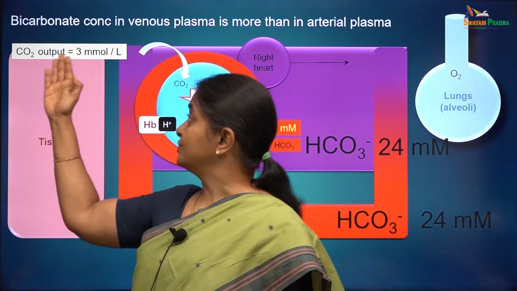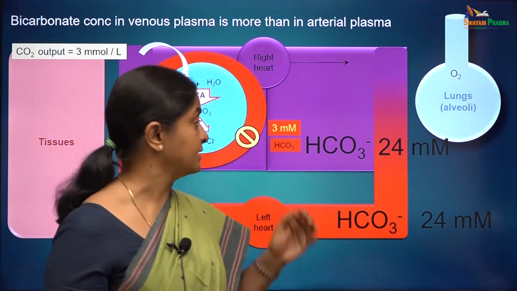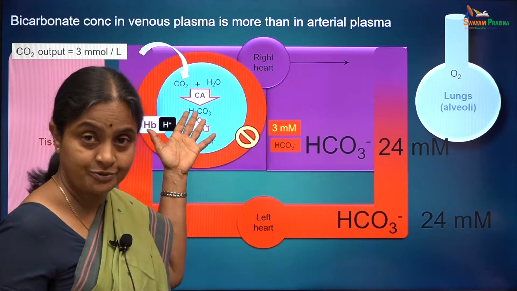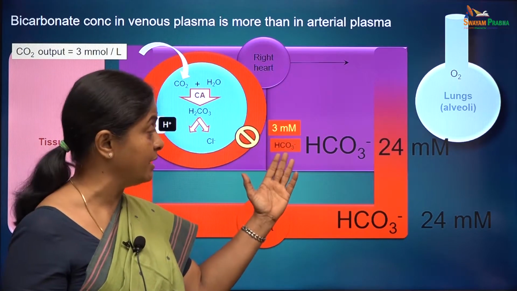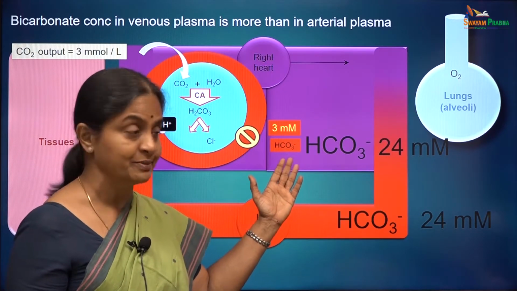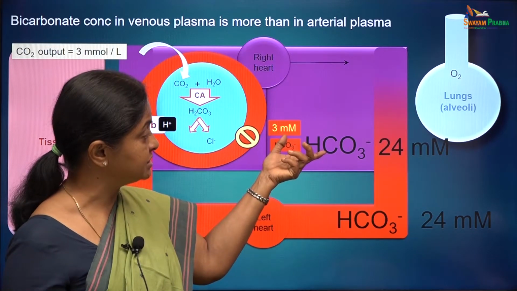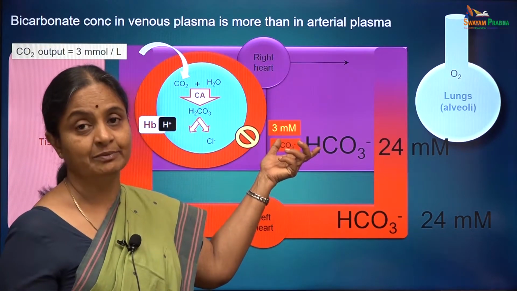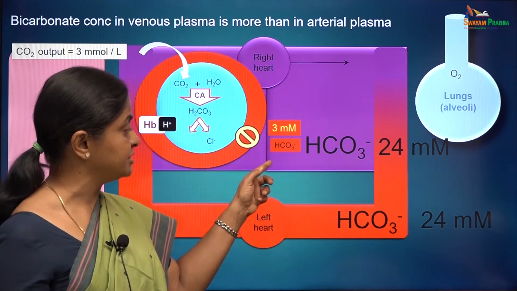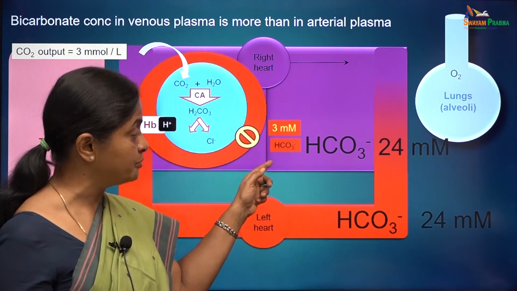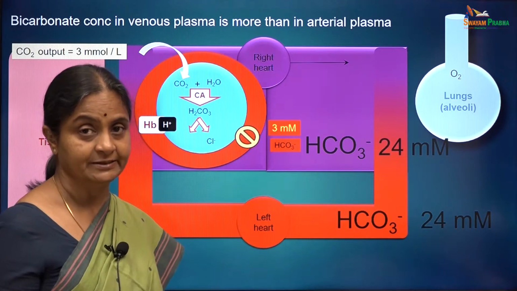If we had 3 millimoles per liter carbon dioxide coming in, and if this reaction were to proceed continuously, then we will have about 3 millimoles per liter bicarbonate being added to venous blood. Bicarbonate concentration has now gone up to 27 millimoles per liter, and chloride concentration in venous blood would have dropped by about 3 millimoles per liter.